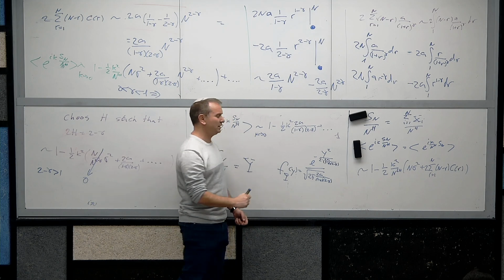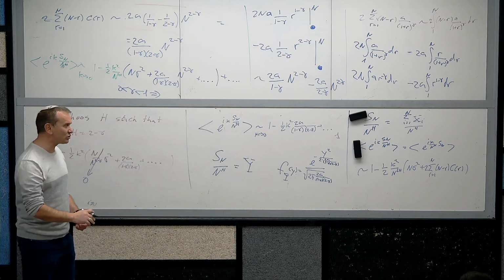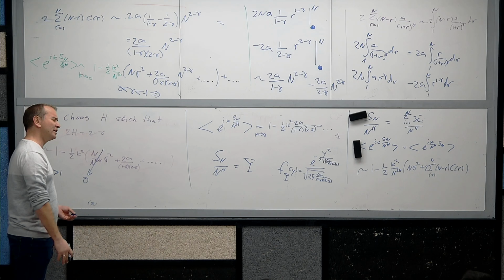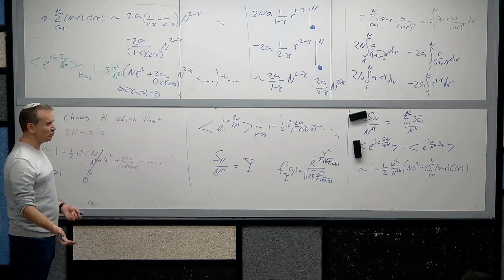Thus it's a Gaussian. Gaussians are boring already. You have no correlations, you have Gaussian. You have exponential correlations, you have Gaussian.